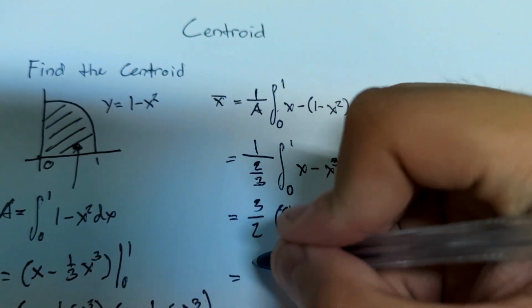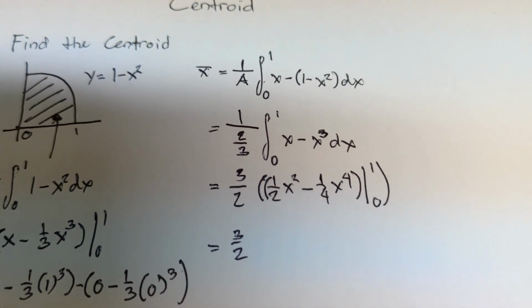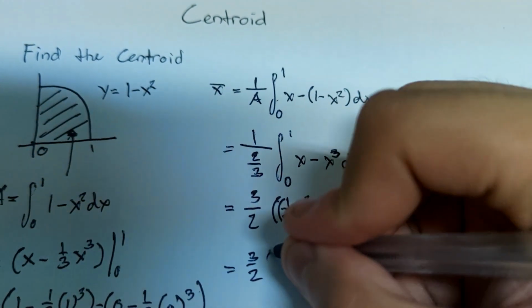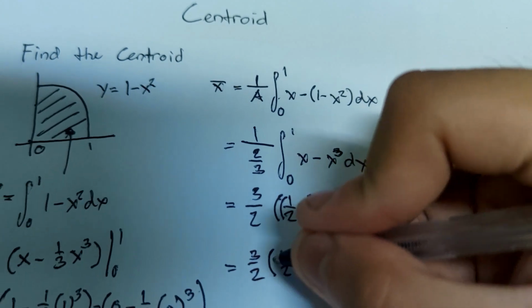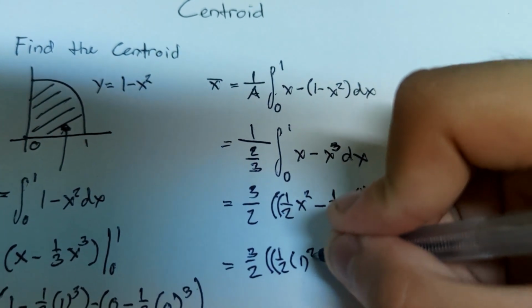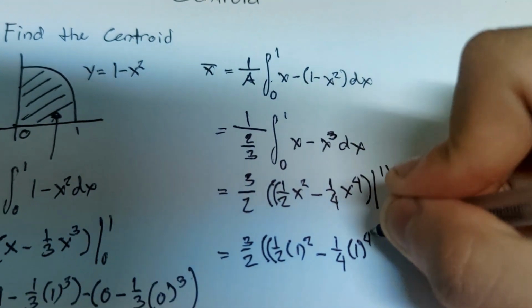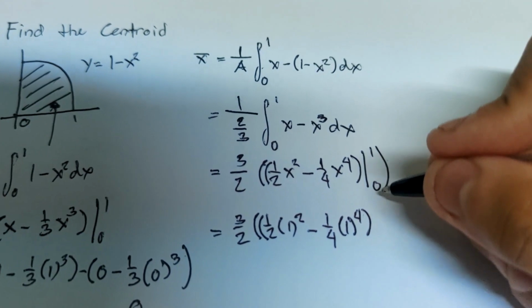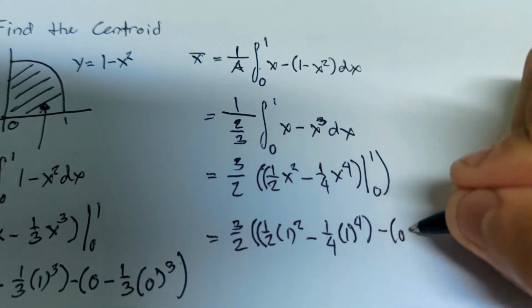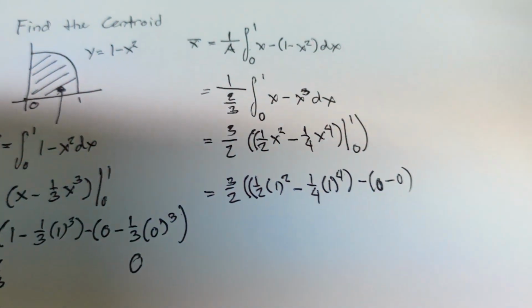So this will become 3 over 2 times 1/2 times 1 squared minus 1/4 times 1 raised to 4, and this will become 0 minus 0, because 0 to any power is just 0.